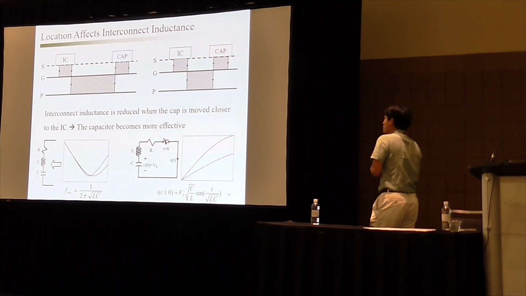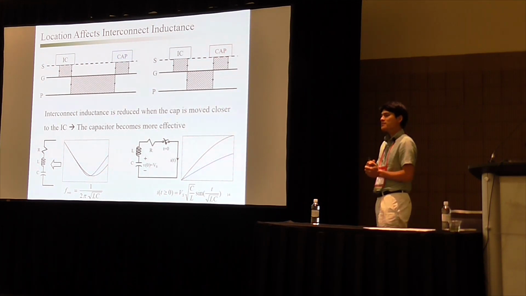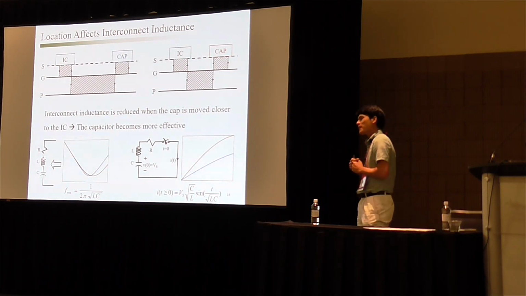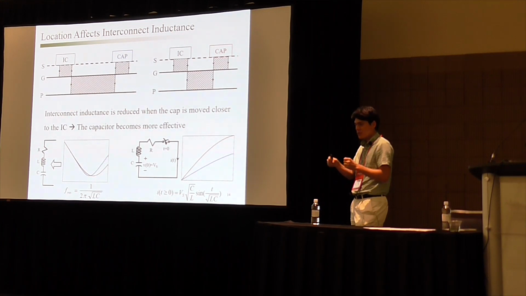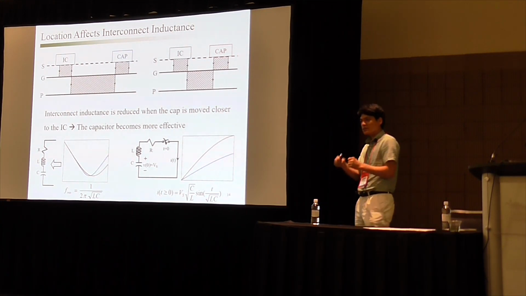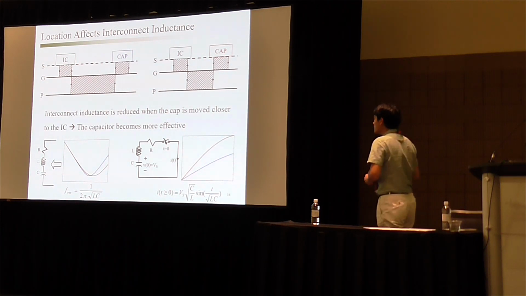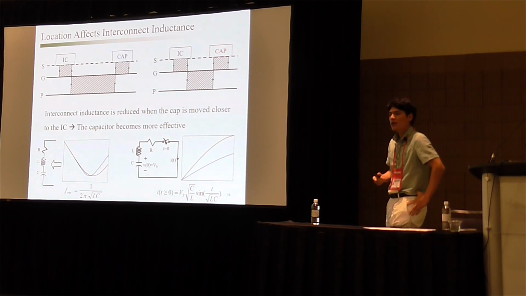So next, also an intuitive drawing, the impact of the distance between the IC and decoupling capacitors. You might know the closer the better. We always ask to put the decoupling capacitors as close as possible to the IC. But why? We can think about that again from the current loop or current path.